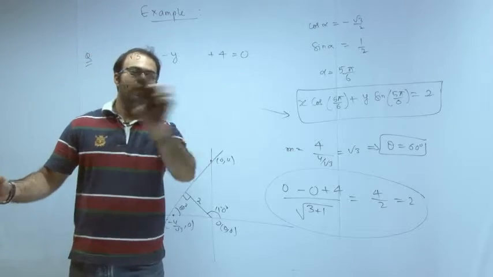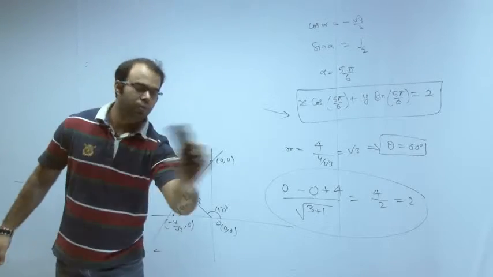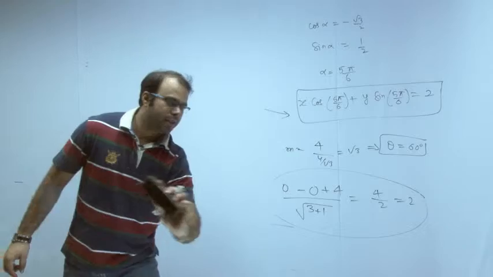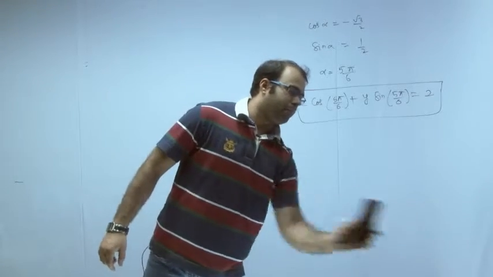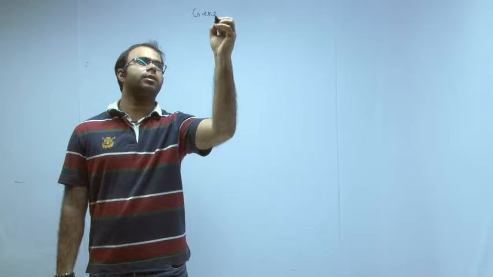Now, we come to, before family of lines, we come to general form of a line. General form of a line is given like this.